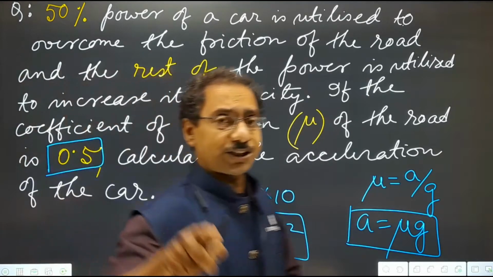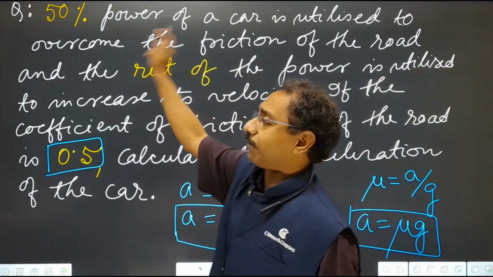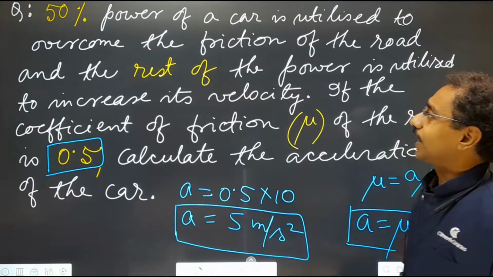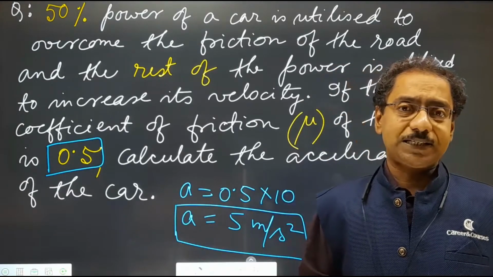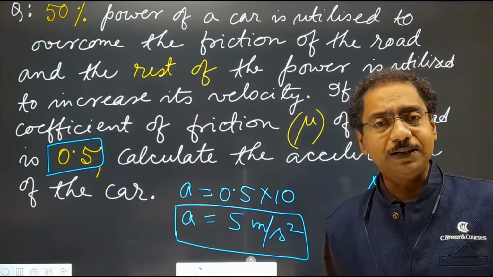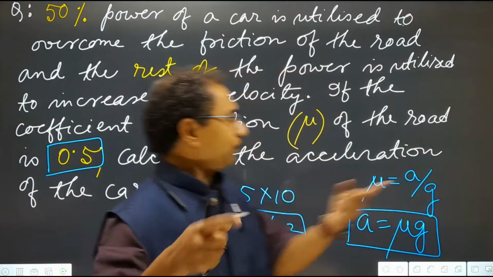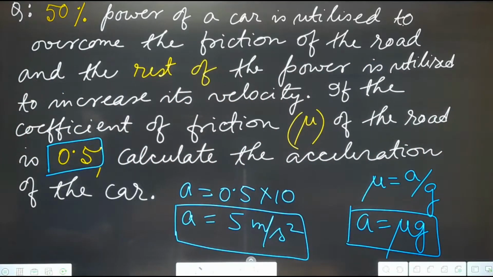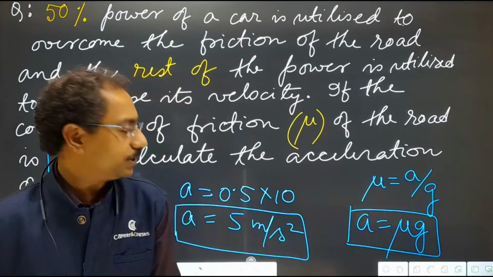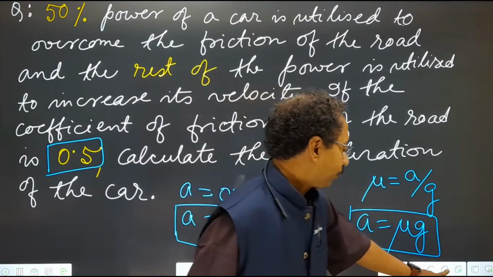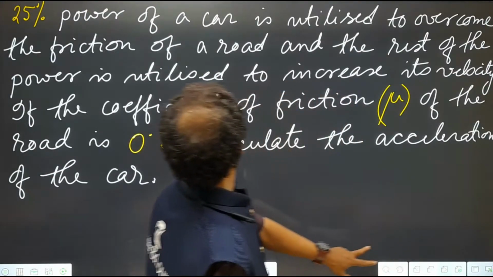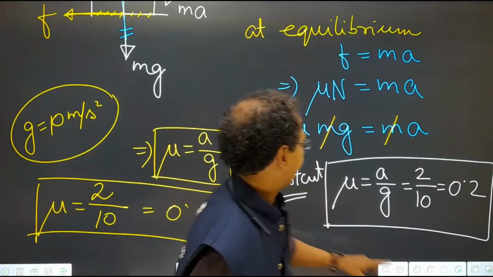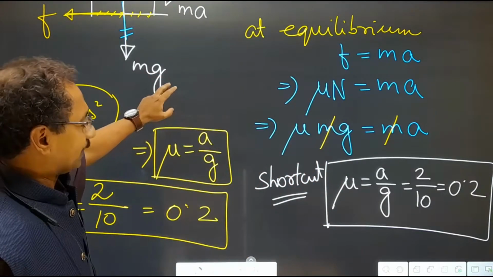Now you may ask me the question, here it is given that 50% of the power of the car is utilized to overcome the friction. If it is not 50%, if it is 20%, 30%, 15%, then what will happen? We'll come to those types of numericals also. But before that, let us find out how this shortcut comes. In the previous question, we saw how the shortcut came, by this method.